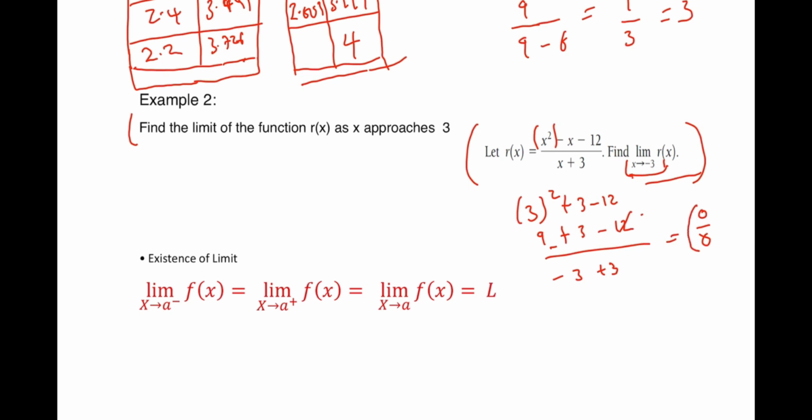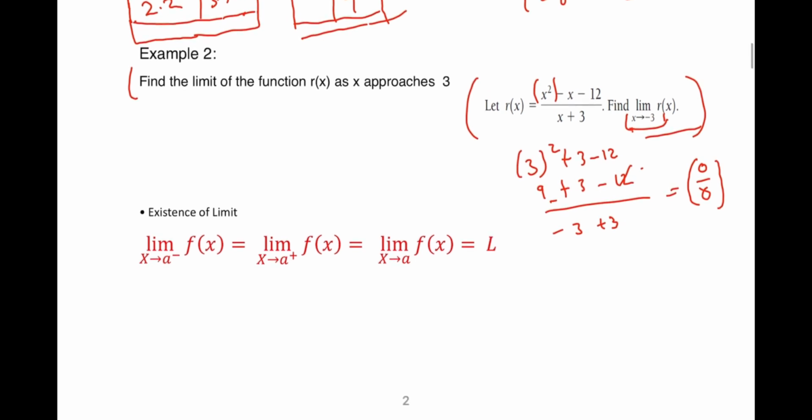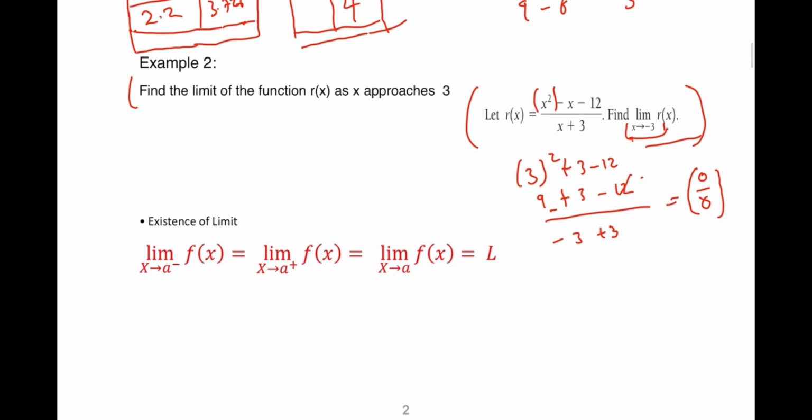So in this case, don't go ahead and conclude that the limit does not exist. I'll ask you to do a neighborhood analysis to see the particular number that it is approaching. If you get to know the particular number that it is approaching, then you draw your conclusion from there. So I'm giving you the final answer.